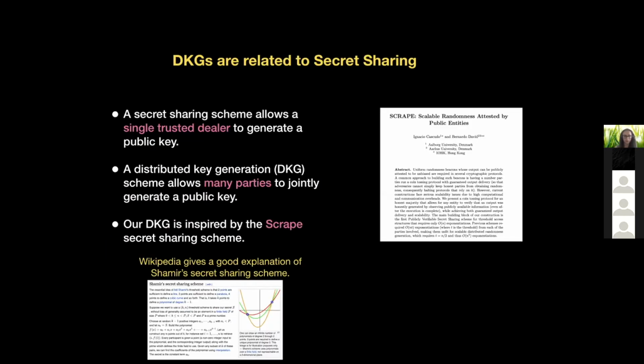Can we skip this? No, this cannot be skipped. I want to give credit to the authors of Scrape. So our DKG, what we're essentially doing is we're running n parallel instances of the Scrape publicly verifiable secret sharing scheme. We can't run it directly as is because where the scheme is aggregatable, that also means it's very malleable.